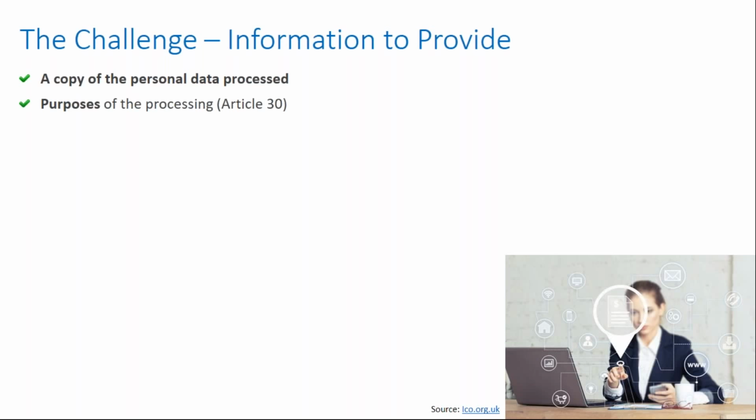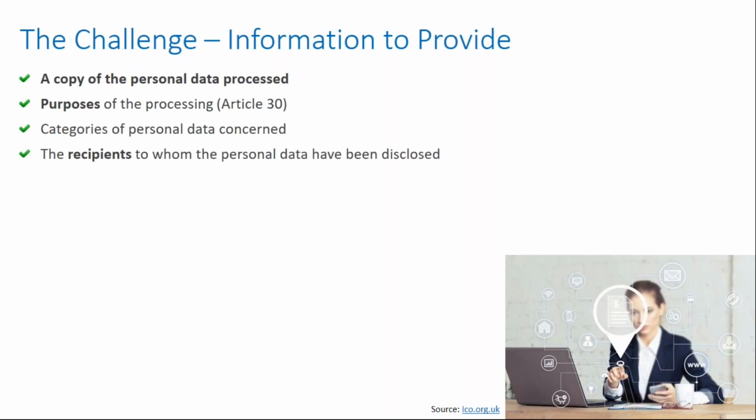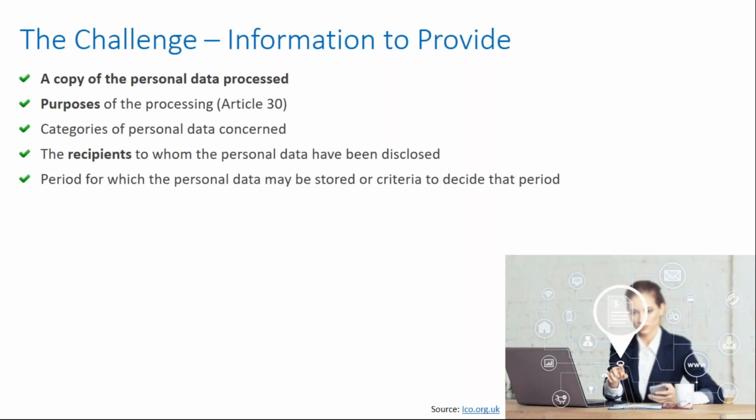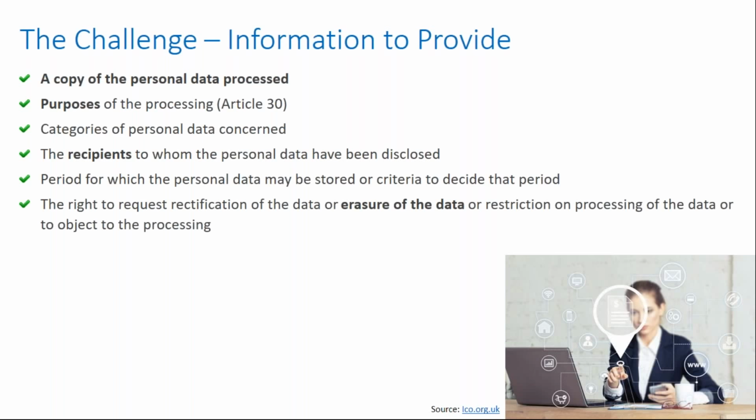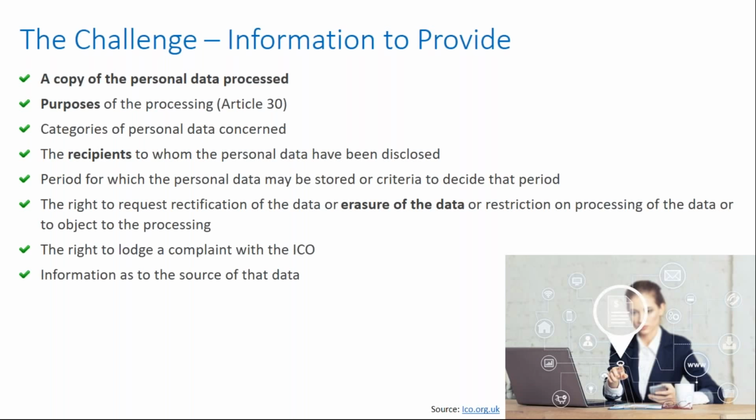You need to attach the purposes of the processing, which is contained in Article 30, the procedural directory, or for the ones who are listening and who are German speakers, the Verfahrensverzeichnis. You need to include the categories of the personal data concerned, the recipients to whom the personal data have been disclosed, the period for how long you may store the personal data, the right to request the rectification and the erasure of the data, the right to lodge a complaint with the ICO, as well as information on the source of the data.